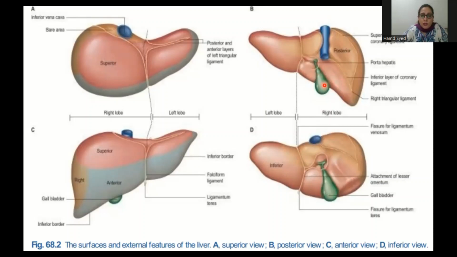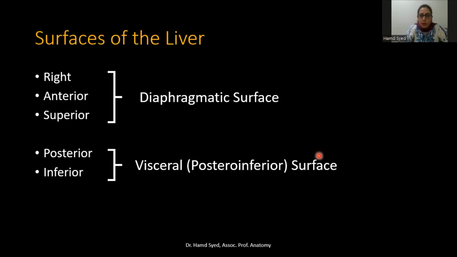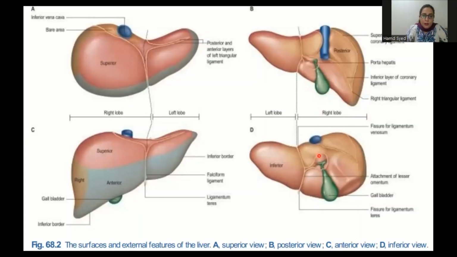So these are the surfaces which do not have very distinct boundaries. Another landmark which I'm going to mention over here, and then we'll talk about it later in some detail. So let's look at this area, which is on the inferior surface.